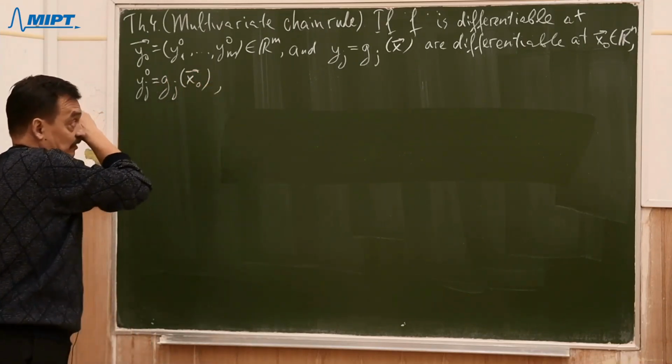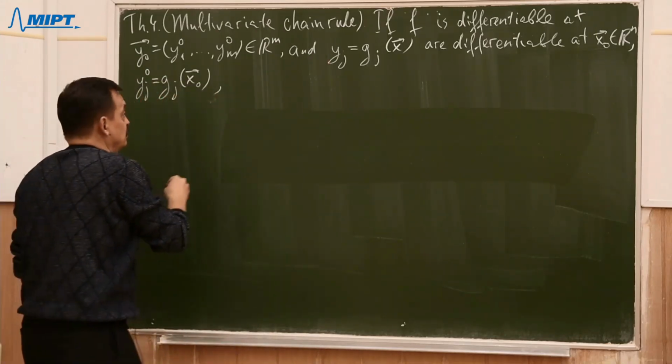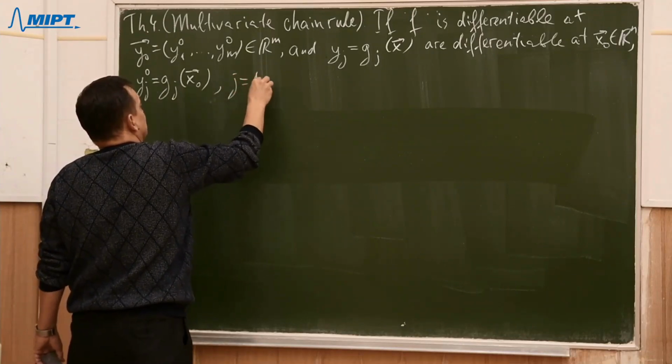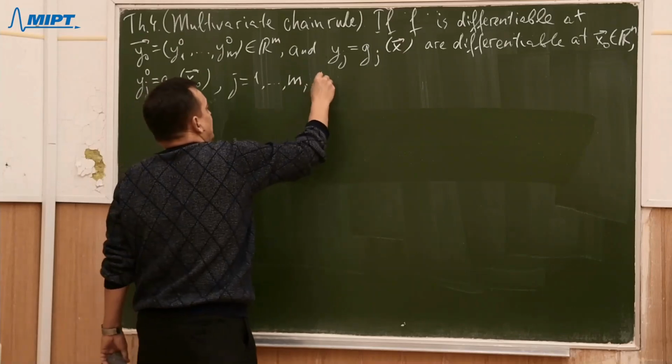Everything written with index j is valid for all j from 1 up to m.